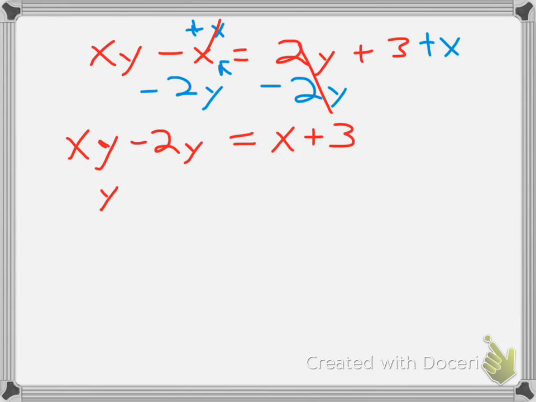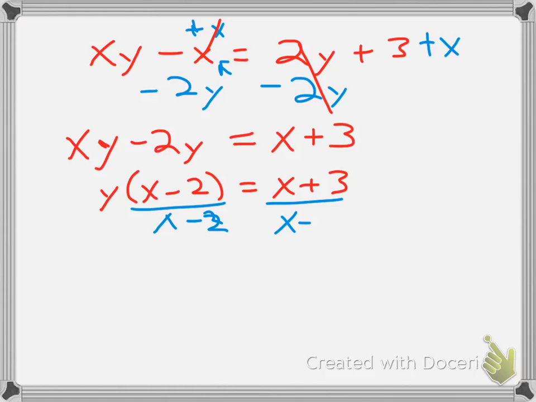So now I have y times the quantity x minus 2 equals x plus 3. And this is where I want to go. Now I have gone from two y values down to one. Now I can solve for y by dividing by the quantity x minus 2. And it leaves me with y equals x plus 3 over x minus 2, which I can't reduce anymore.